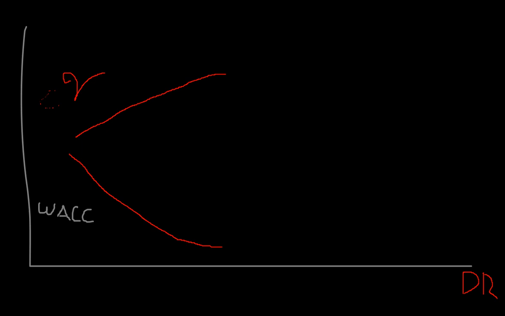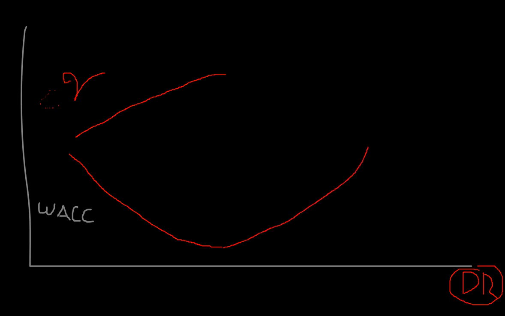Now take note that this is only true up to a certain point, because the higher the risk, the higher the return. If that is applicable to us, this is also applicable to our owners and to our creditors. At some point, you cannot just keep on increasing the debt ratio. At some point, your creditors will demand a higher return, even the owners.